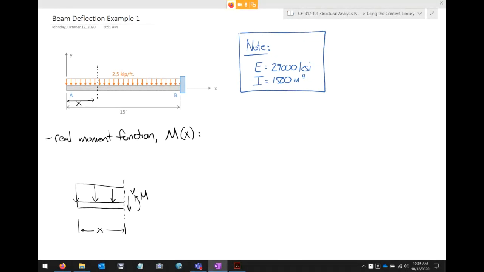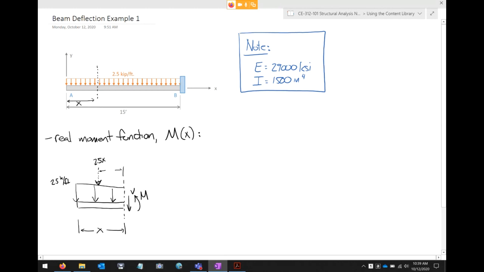I don't really care about the shear, but it's there, so I might as well mention it. Now, this is 2.5 kips per foot. Remember, I can take that distributed load and idealize it as a single point load that's 2.5 times x.